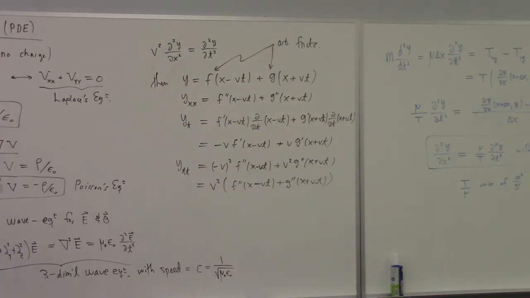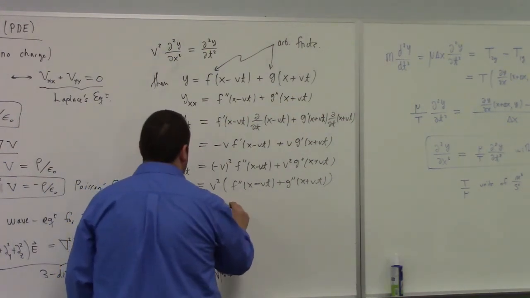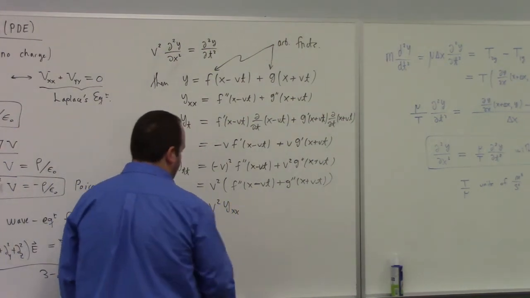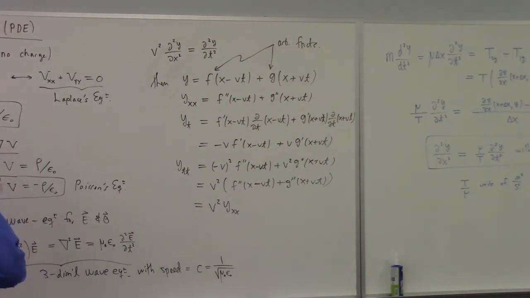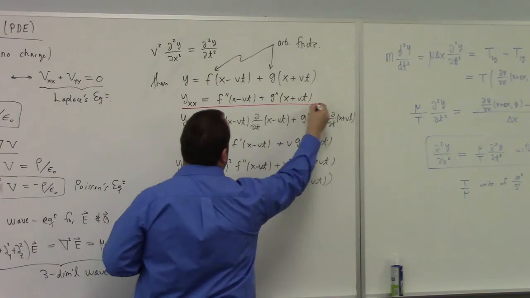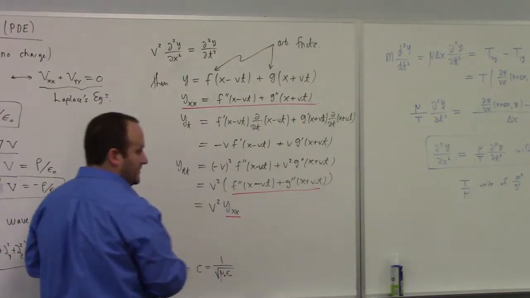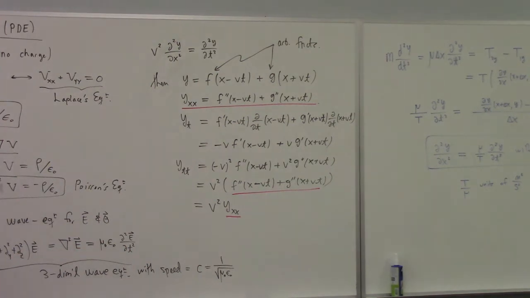Now you look at it, what is this? This is v squared times y_xx, right? Because I have up here that the second partial derivative with respect to x is exactly this, right? And there you go. That's a solution to the wave equation.